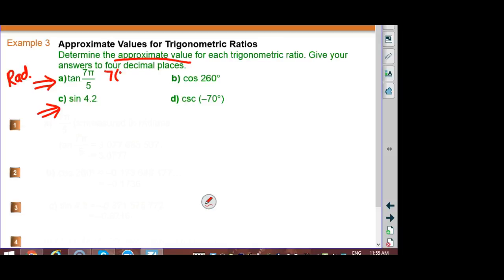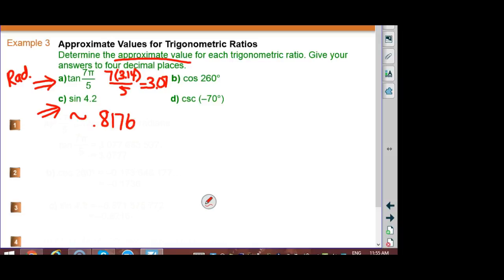You'd go 7 times 3.14 divided by 5, and whatever decimal you get, you hit tan of that decimal, and you should get 3.07-ish, depending on if you use 3.14 or the pi button. In this situation, we're already at a decimal, so since we're in radians, hit sine 4.2 equals on your calculator, and you should get negative 0.8716.